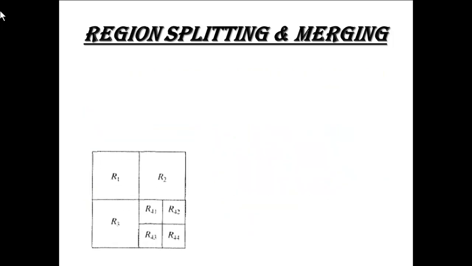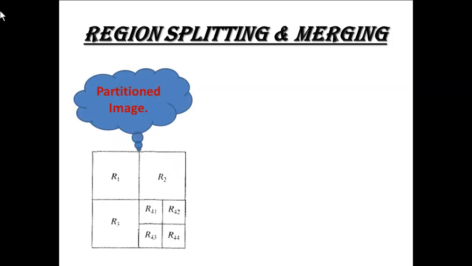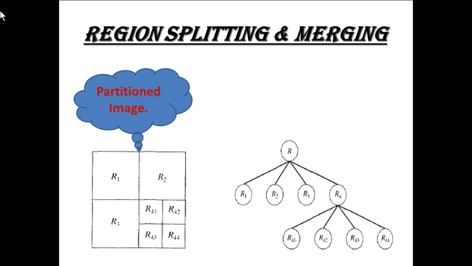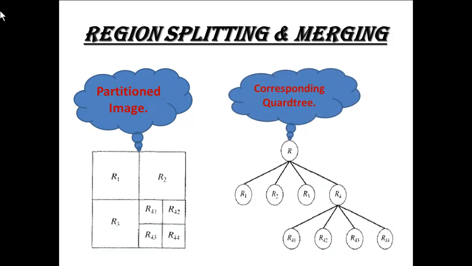Here is a block representation of a splitting of an image that is known as a partitioned image. Now the second image is the quad tree process. This is the corresponding quad tree.